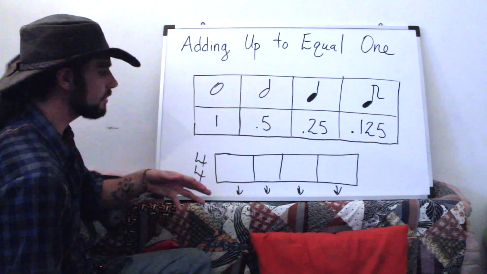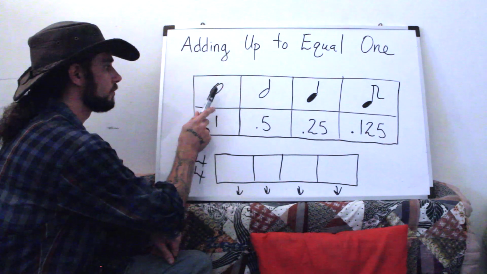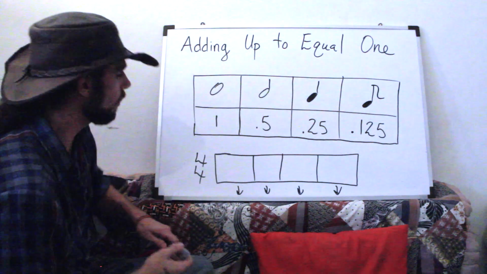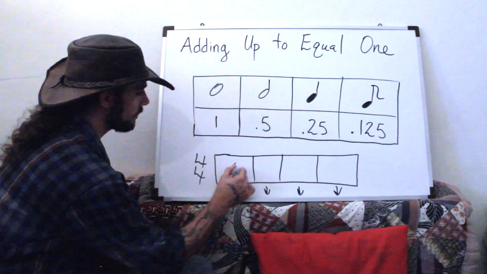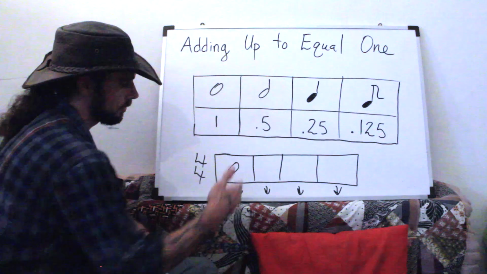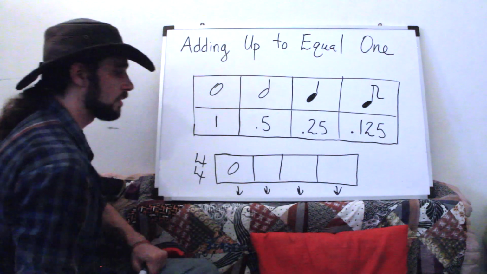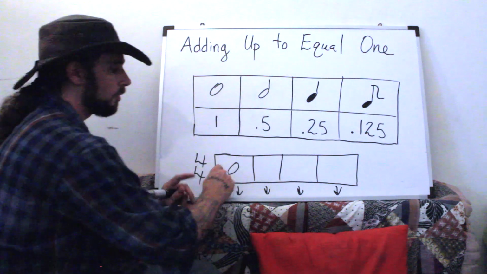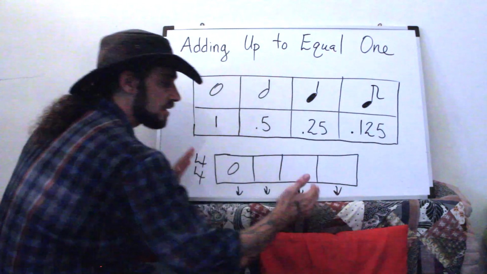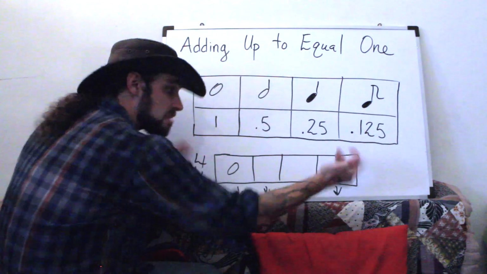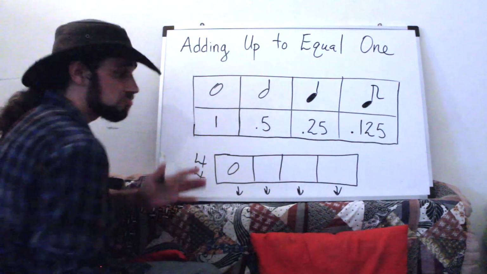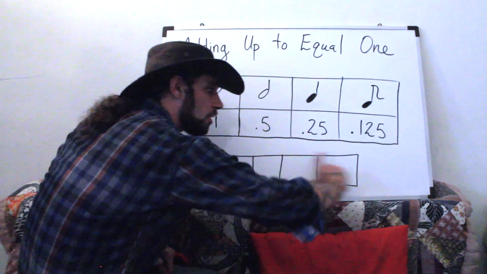Okay, so let's look at a whole note. A whole note we know is going to receive 4 beats. Because it's a whole note, we call it a whole note because it takes up the whole measure, the entire measure. So technically, this measure is already complete.